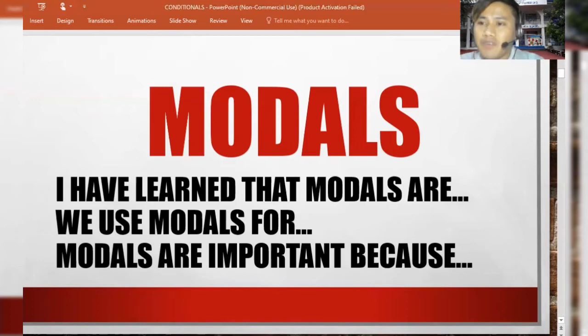It's a part of her reflection. So I will no longer read the other reflections, for it might take so much of our time in discussing our lesson for today.